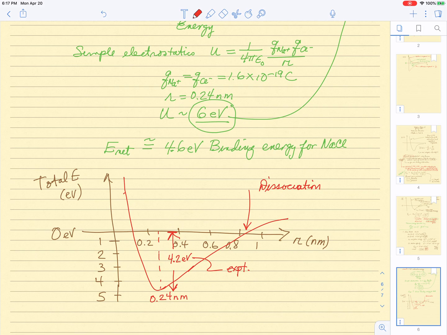This gives us a little bit of an understanding of ionic bonding, and again, these 4.2 electron volts are the energy needed for dissociation.